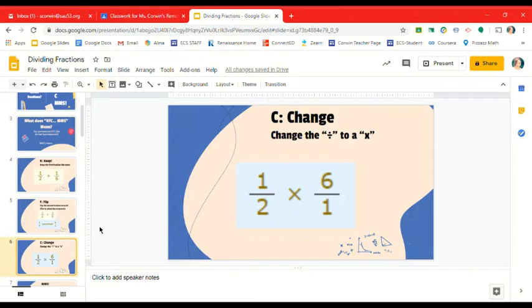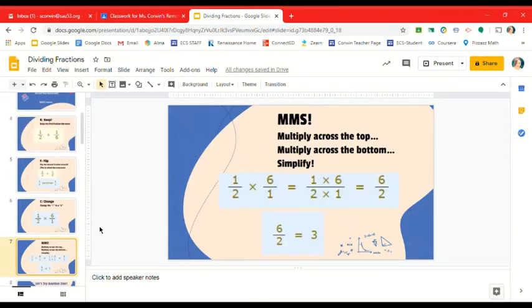So then we have that MMS part. Well, when we get to the MMS, that means we can start to actually do it. So first M stands for multiply across the top. So 1 times 6, they also rewrite it here, is equal to 6. Then multiply across the bottom. 2 times 1, they have the same thing here, is 2.